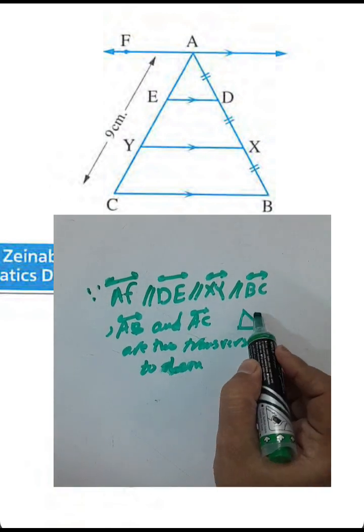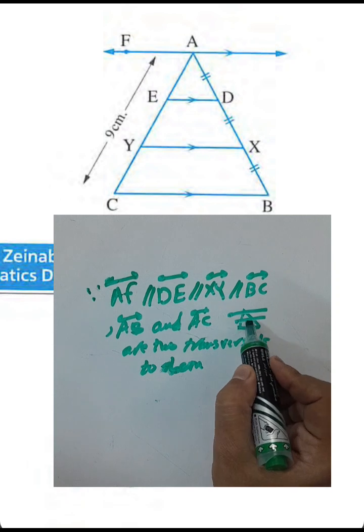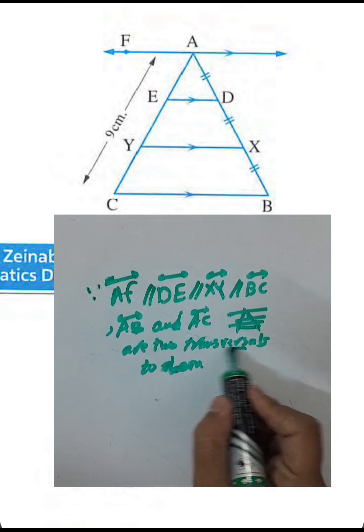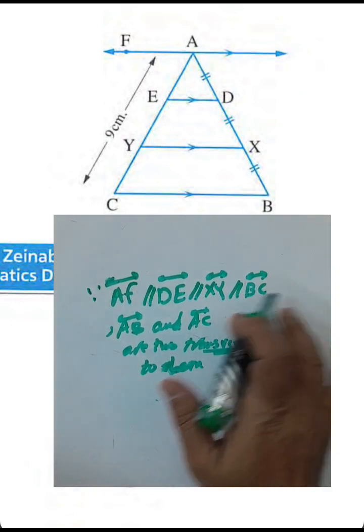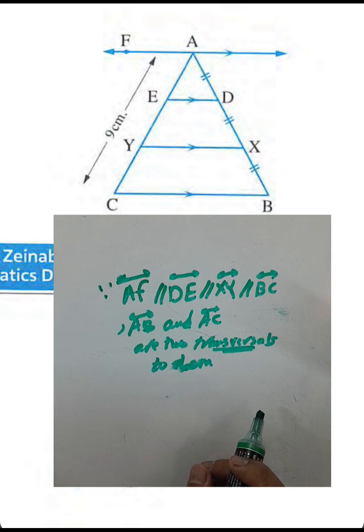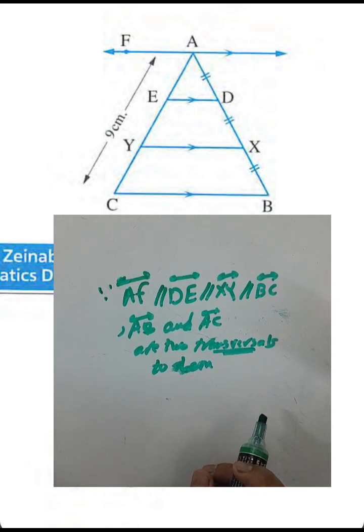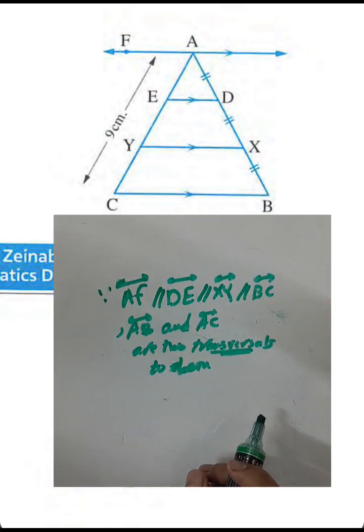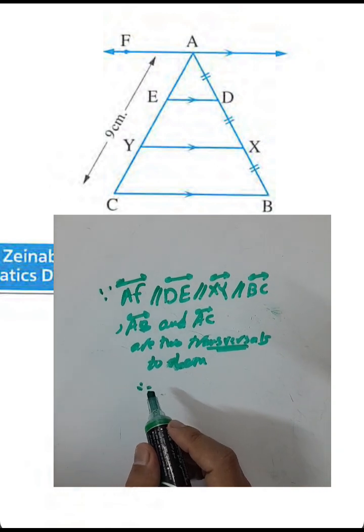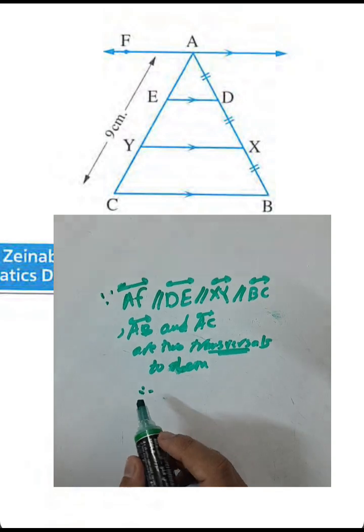Understood? We have these parallel straight lines, and we call this side and this side transversals to all of them. Here AC and EB we call transversals to them. Then we have this example given to us.